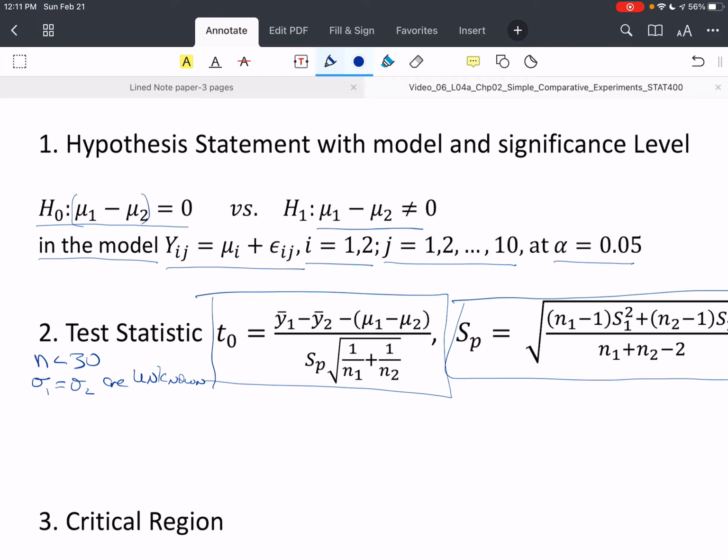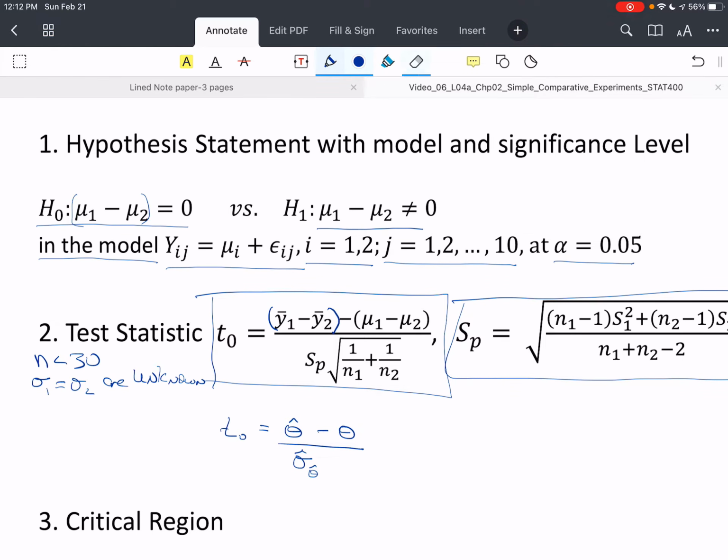So now look at how I've written the test statistic. What I've done is I've said, okay, the general form of the test statistic is equal to, let's say, theta hat minus theta over the standard deviation of theta hat.